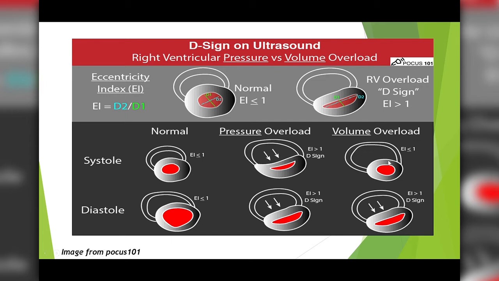In volume overload, like in severe tricuspid regurgitation or aggressive volume resuscitation or decompensated heart failure, the LV septal flattening occurs in end diastole. Eccentricity index can be measured by dividing D2 by D1.